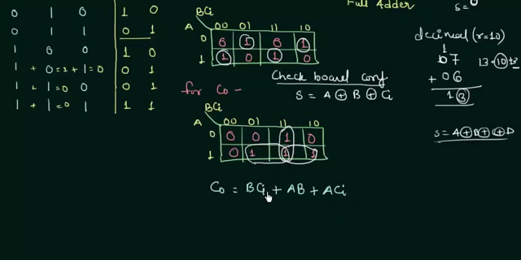But in many books, C out is written as A B or Ci times A XOR B. You will find this very common. If I ask you to find this function using this K-map, it will be very difficult.